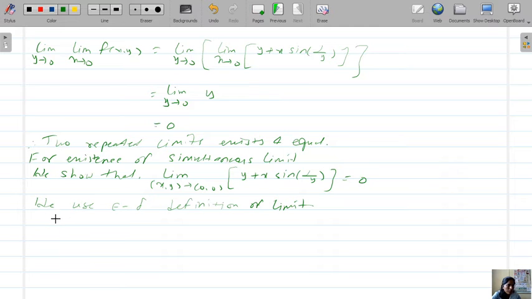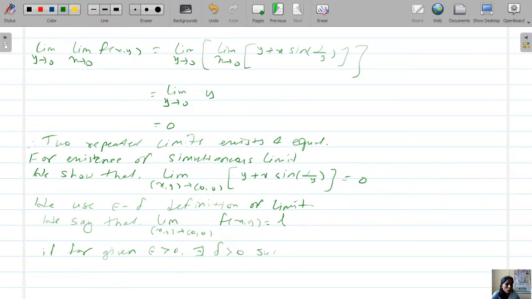I am just recalling the definition. We say that limit xy tends to 0 0 of f of xy is L if for given epsilon greater than 0 there is a delta greater than 0 such that mod of f of xy minus L is strictly less than epsilon whenever mod of x minus 0 is strictly less than delta and mod of y minus b is less than delta.